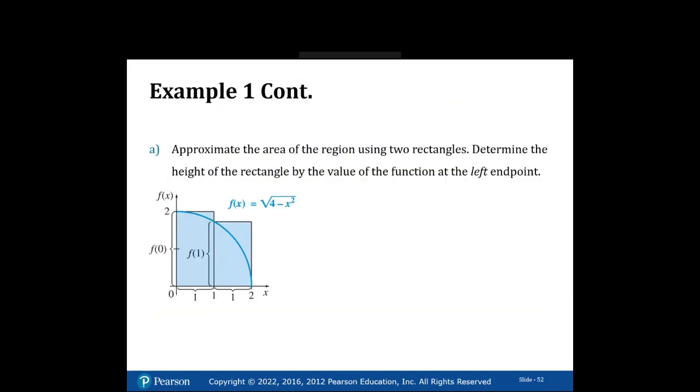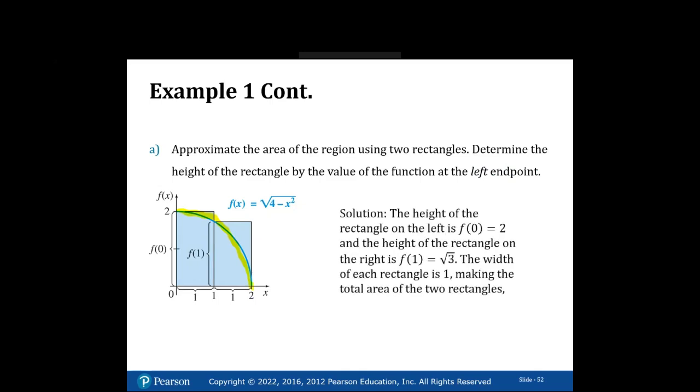So first, we're going to approximate this blue area, the area under the curve, by using 2 rectangles, and I'm determining the height by the left endpoint. So that means that the first rectangle's left endpoint is right here. Use a different color. I can just erase the big one.